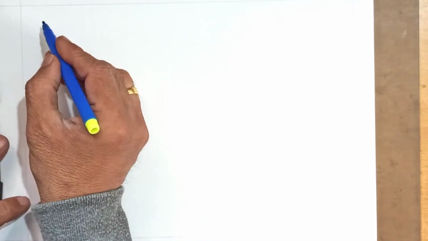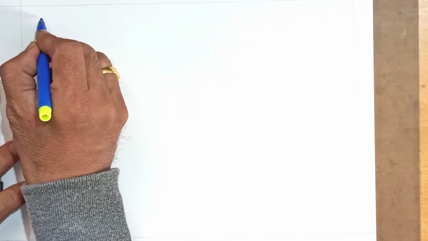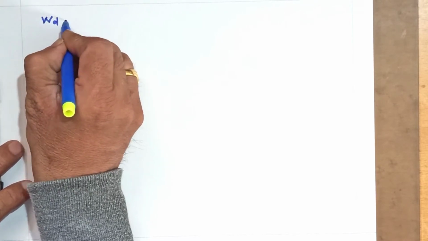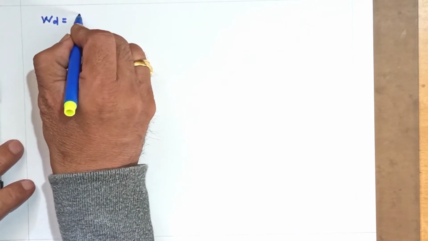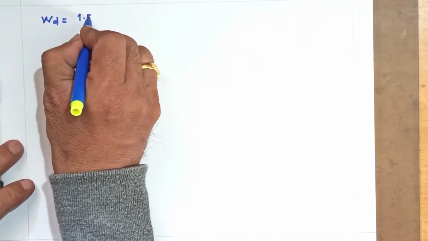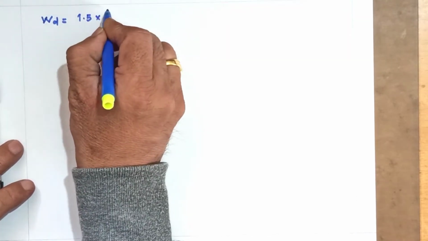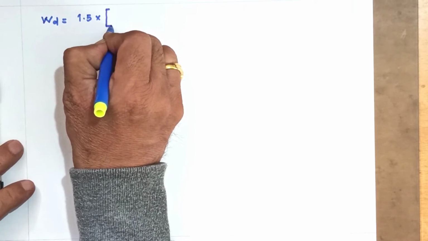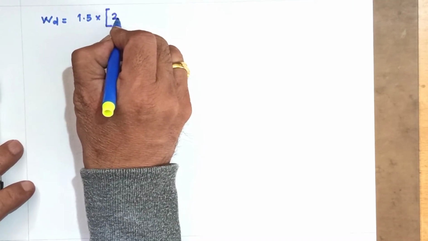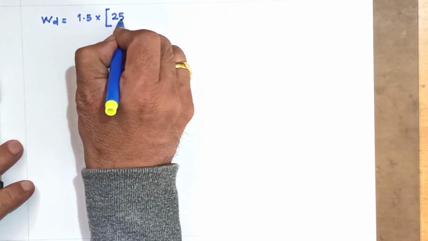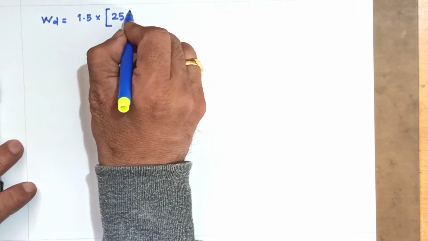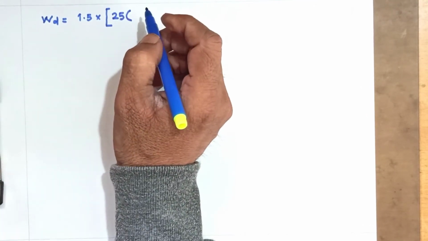Let us continue this second step. Therefore, design load WD is equal to 1.5 into bracket 25 into D. D is overall depth in meter. Here D is 180 mm.